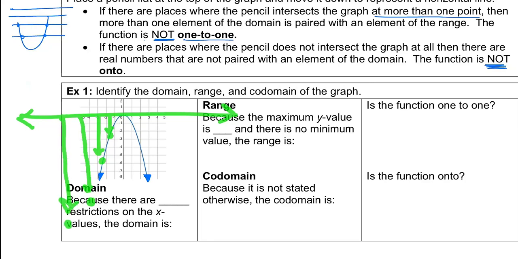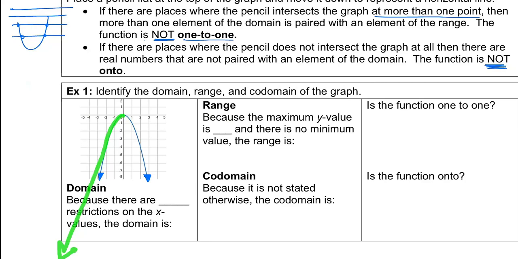Is there a place as I go to the left where it won't be? Going to the left, is there a place where I won't find a point on the parabola? Okay, I hear yes. And the answer is no, because the graph is going to keep going down and to the left. I'm kind of accentuating it. So it's just going to be really, really far down.